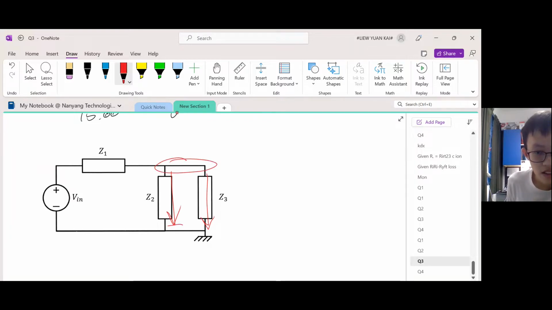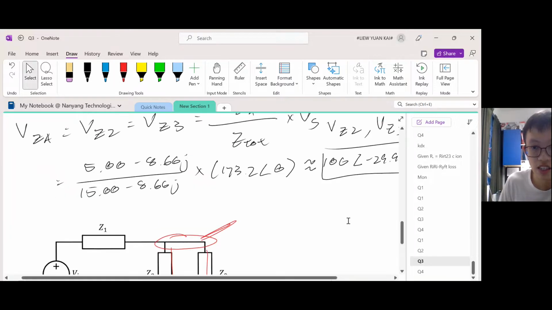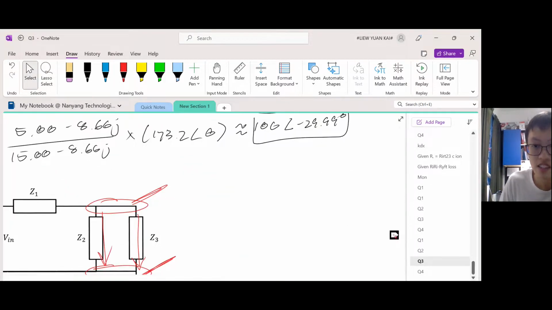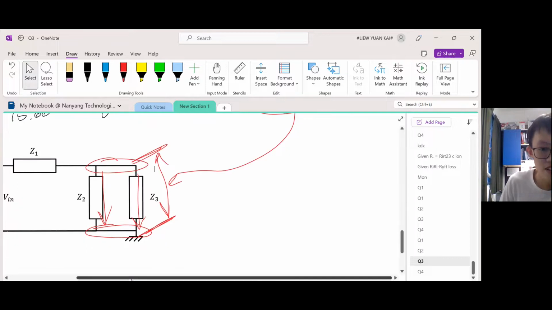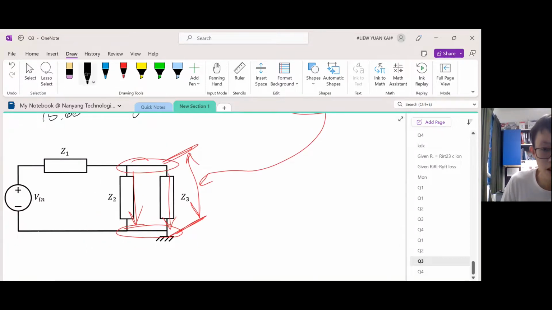The difference across these two nodes is given by this. This answer we got here is actually this potential difference. Knowing that, we can use Ohm's law.